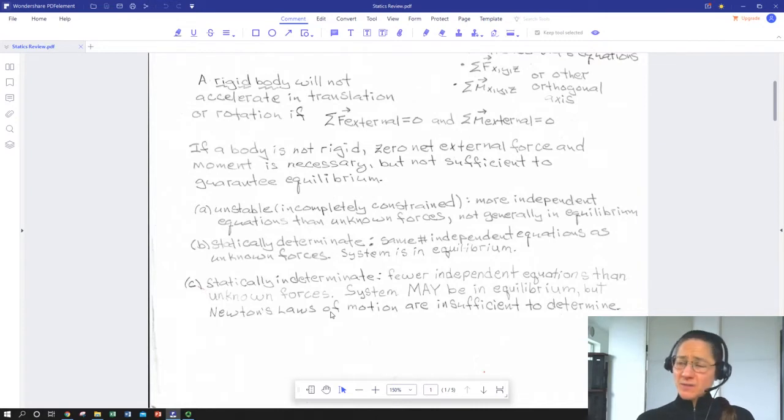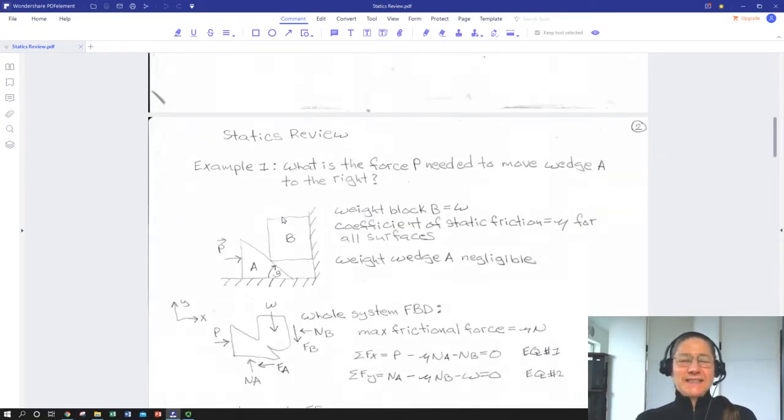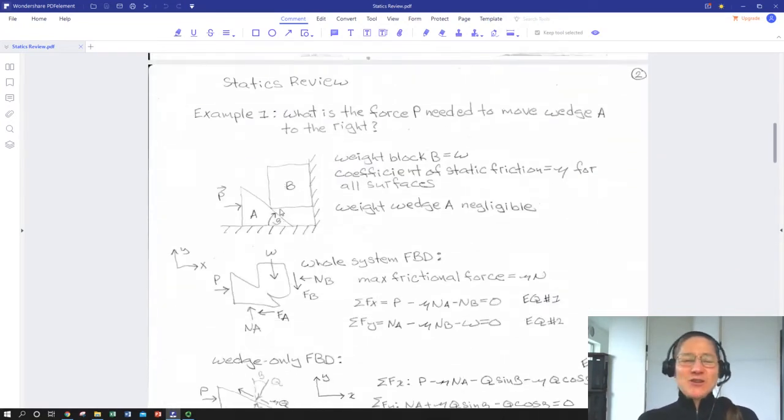But simply from the standpoint of numbers of equations and unknowns, if we end up having more independent variables, more forces, more moments than we have equations to solve for, we are indeterminate. We may be in equilibrium, we may not, as opposed to unstable, where we're more likely than not not in equilibrium. Okay, so that's statics in a single page.